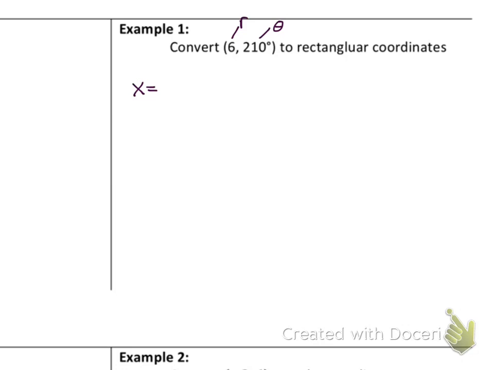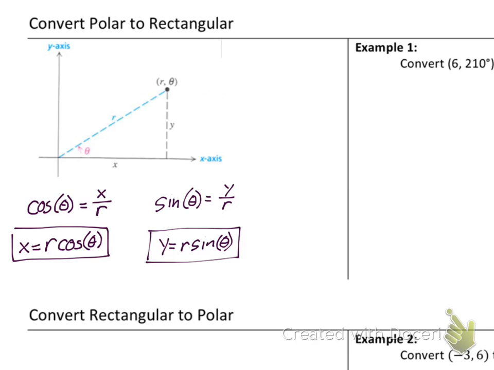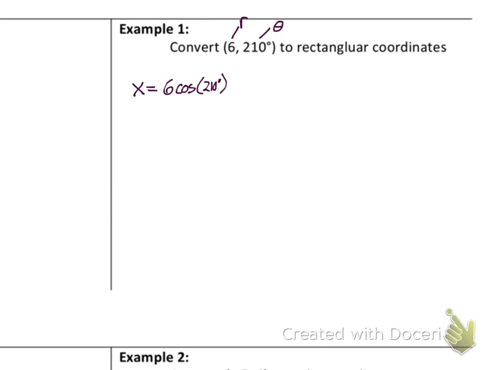So x is going to equal 6 times cosine of 210 degrees, and our y is going to equal 6 times sine of 210 degrees. We don't have to go clickety-clickety-click, because cosine 210 is actually on our unit circle. It is 6 times negative square root of 3 over 2, so x is just going to equal negative 3 square root of 3.